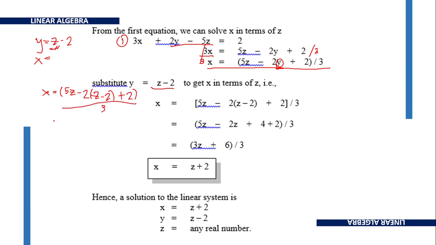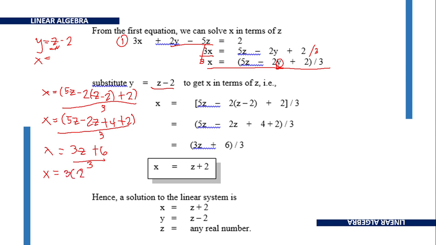Ayan. Next, simplify natin. x is equal to (5z minus 2 times z, which is 2z, negative 2 times negative 2 is positive 4, plus 2) over 3. Again, simplify lang ulit natin. We have 5z minus 2z is 3z. Then, 4 plus 2 is 6, over 3. Then, x is equal to, pwede nating i-factor out yung 3 para makancel natin: 3 times (z plus 2) over 3.